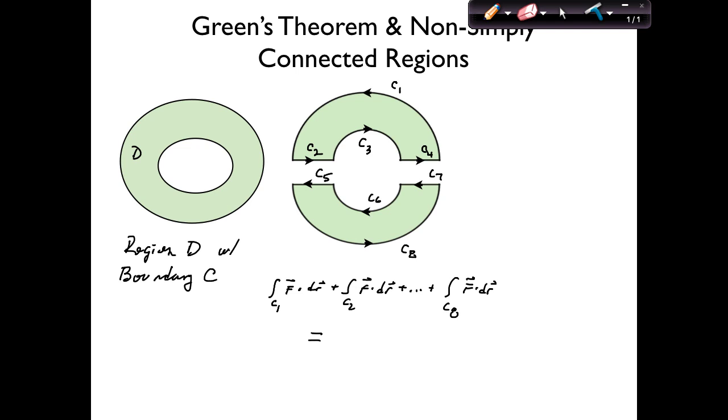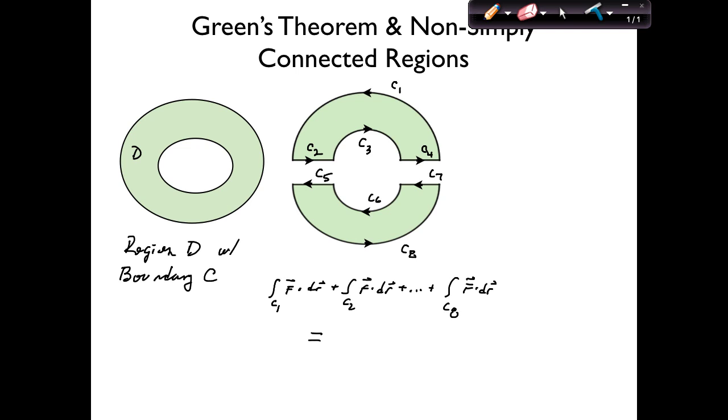I'm going to add all eight of those separate pieces up, and what will I get? Just focus on the line integrals. Don't relate it to region D. Do you see that C2 and C5 will be equal and opposite, and C4 and C7 will be equal and opposite?